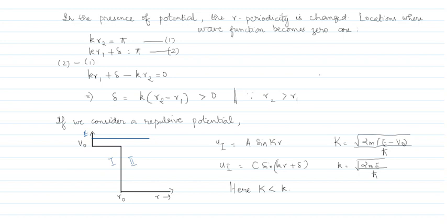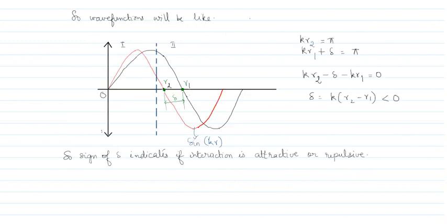And here visibly itself you can understand that capital K is less than small k. Okay. So what happens to the wave functions? It is just opposite that of the previous case. To understand, as a reference you are plotting sine small kr and it goes through a 0 at some particular value of R2.